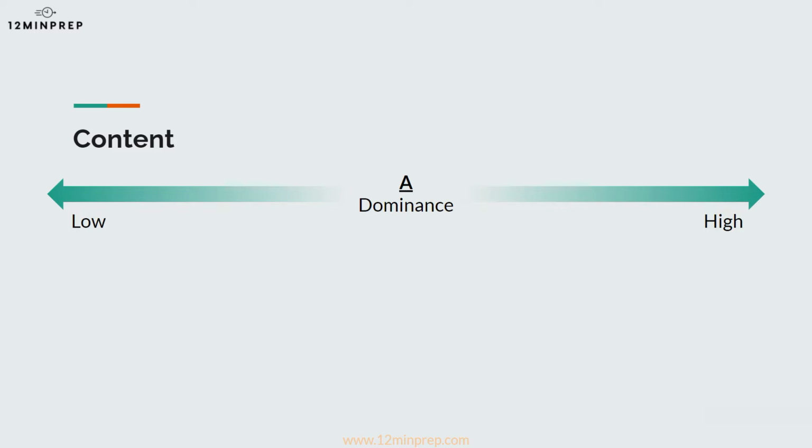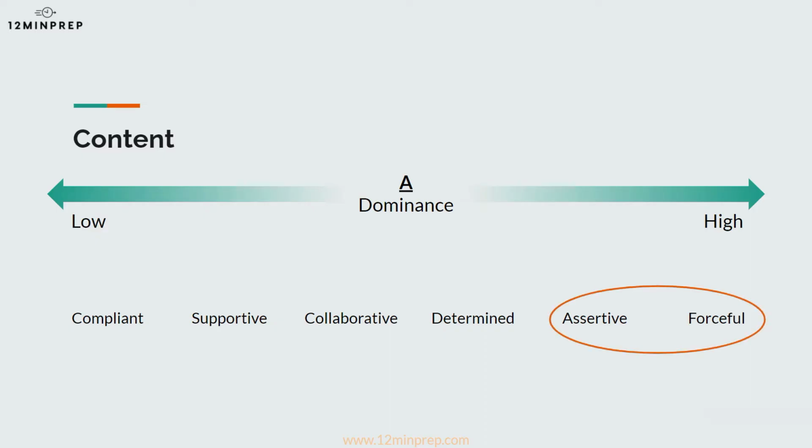Some words that correspond with this trait, ranked from low to high dominance, are compliant, supportive, collaborative, determined, assertive, and forceful. This means that if you checked off words like assertive or forceful, you would be assessed as having a high dominance trait. If you checked off compliant, you would be low dominance.